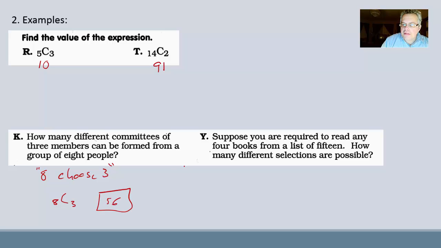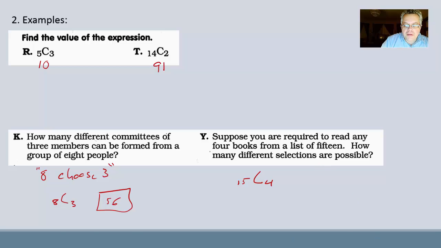Okay, here's another example. Suppose you're required to read any 4 books from a list of 15. How many different selections are possible? So how many different ways can you pick the 4 books? Well, that'd be 15 choose 4. Again, order doesn't matter. If order matters, if it makes a difference what order you pick them, that's something else. That's NPR.